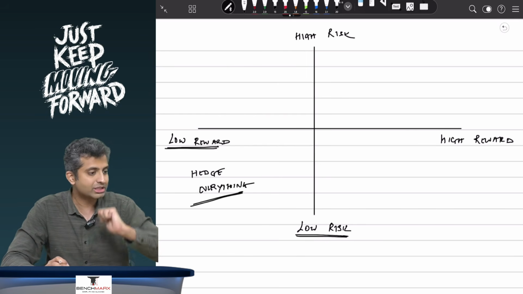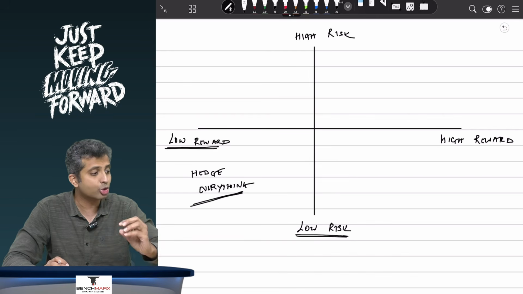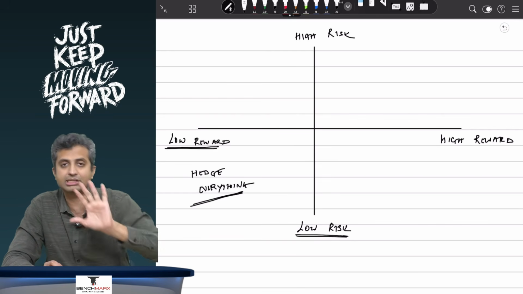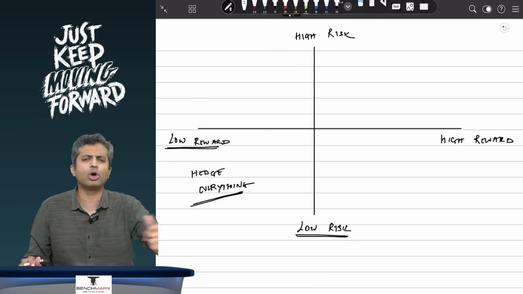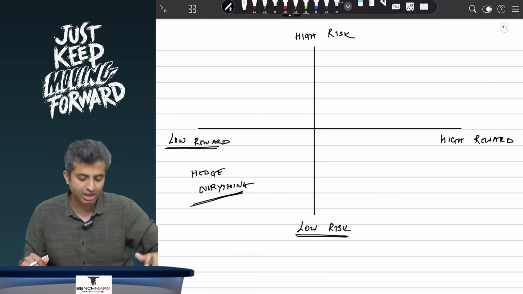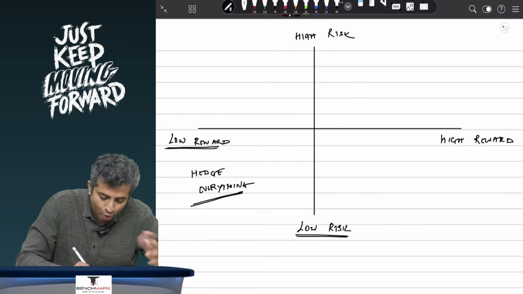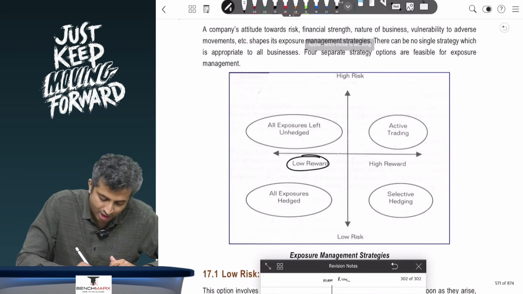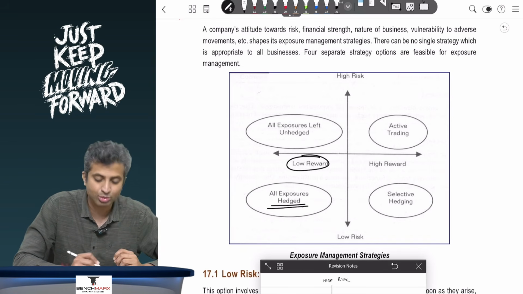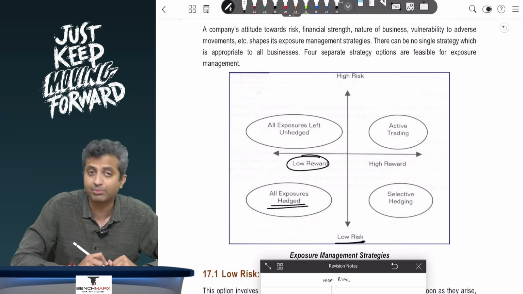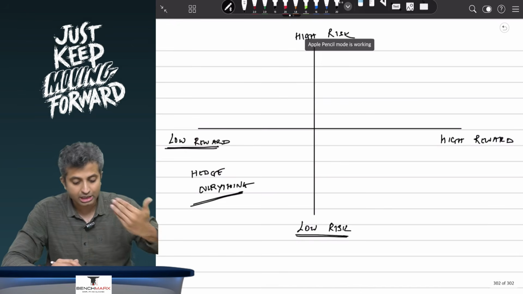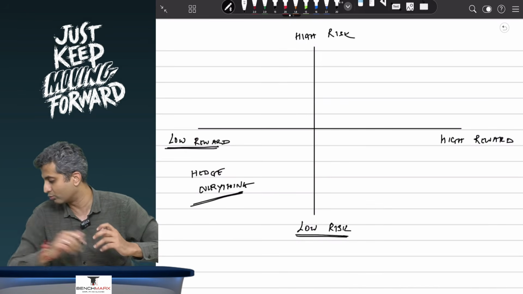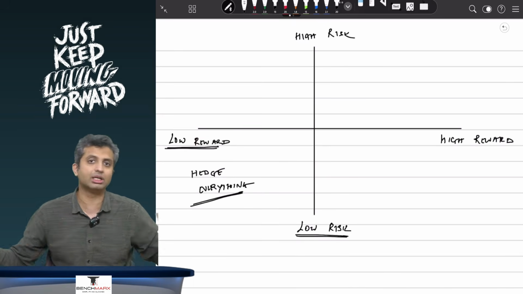A lot of questions that you studied in foreign exchange required you to selectively decide whether it was worth hedging or not. Here you're not seeing that. So maybe you're having a lower risk, great, but you're also going to get a lower reward. So over here, all exposures, if they're hedged, will give you a lower risk, but at the same time a lower reward. The entire opposite extreme would be to hedge nothing at all.